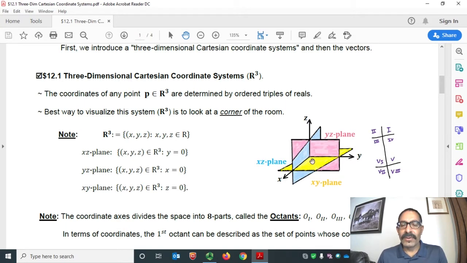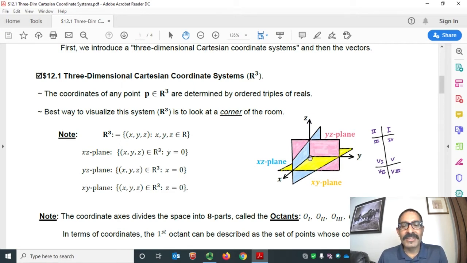If you compare, this origin is at the corner of the room. On our right side, this is the yz plane, and on our left side, which is a left wall, is the xz plane, and the floor we are standing on is the xy plane. So these three planes intersect mutually perpendicular here.